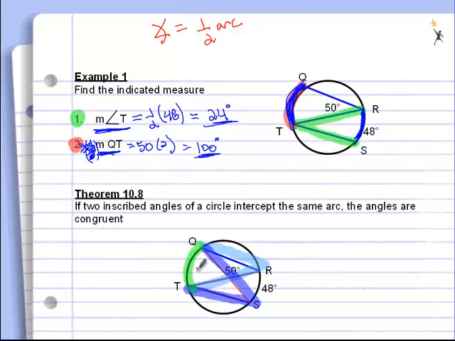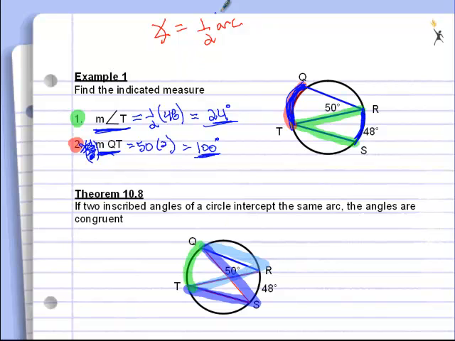Both of those angles are going to be congruent. Which makes sense, because if they're both half the arc, they're both touching the same arc, the arc doesn't change lengths, so the angles should be the same.